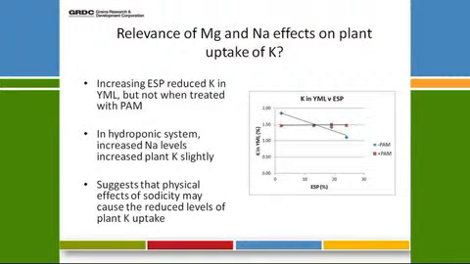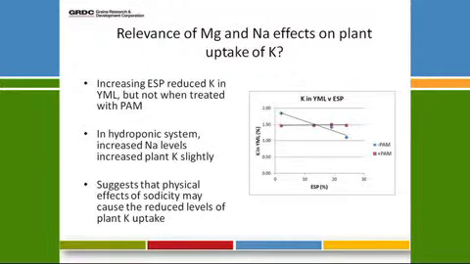She also found that increasing sodium reduced the amount of potassium in the youngest mature leaf. So this blue line here is saying really that yes, increasing sodicity reduces potassium uptake. But when she put PAM in, she ended up with no effect at all, suggesting that a lot of what is happening can be attributed to poor soil conditions.